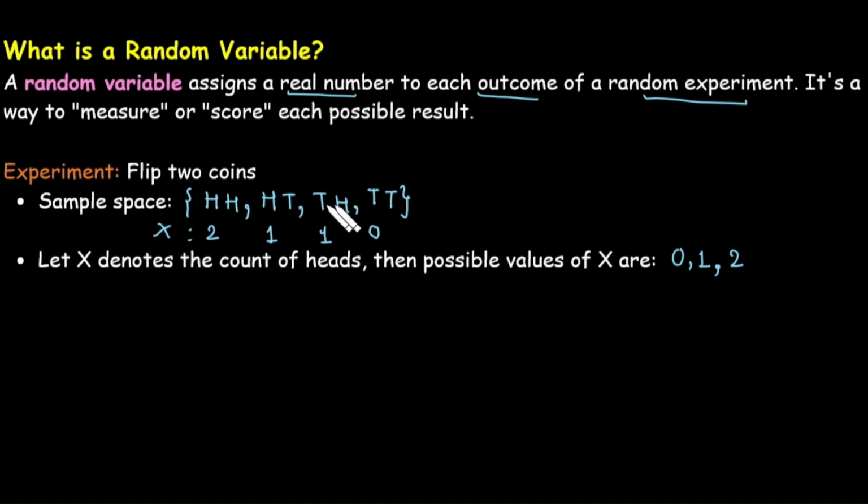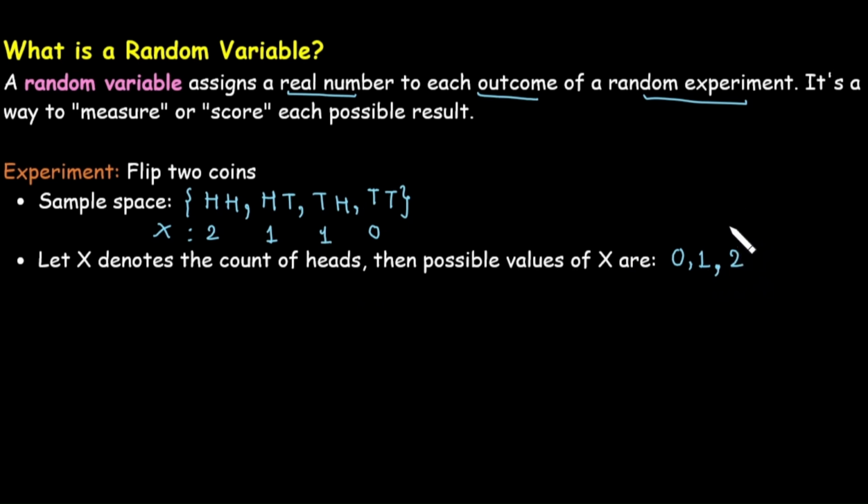So each outcome is associated with one real number. Hence this x is called a random variable. So here we say x is my random variable that counts the number of heads. And what are the possible values of x? That is 0, 1 or 2.